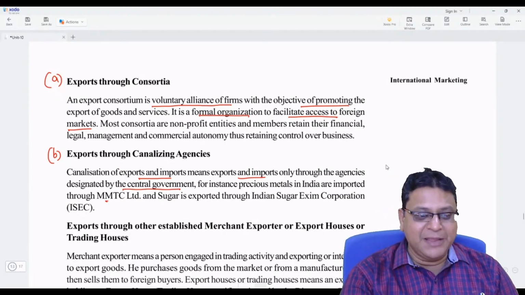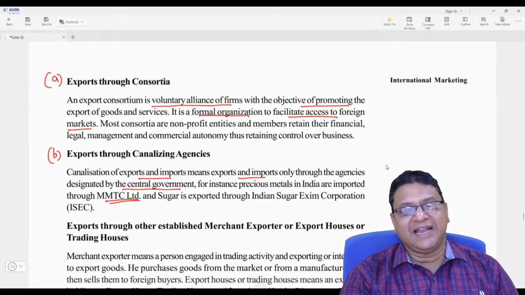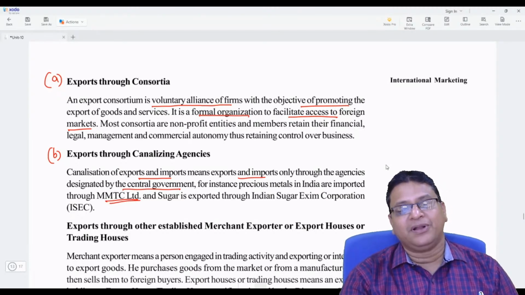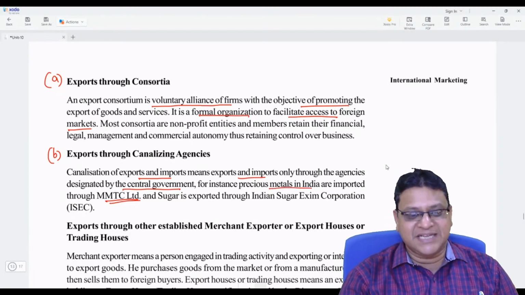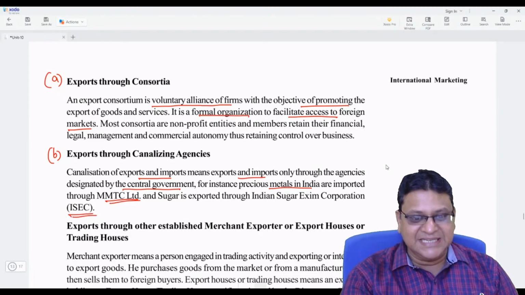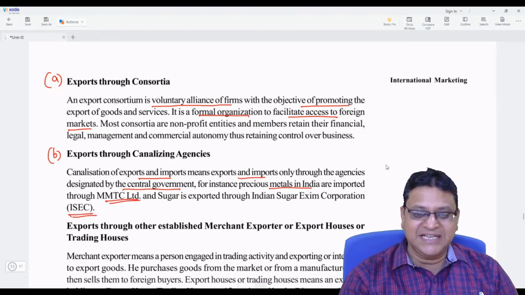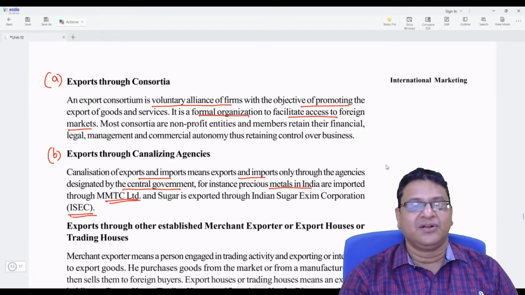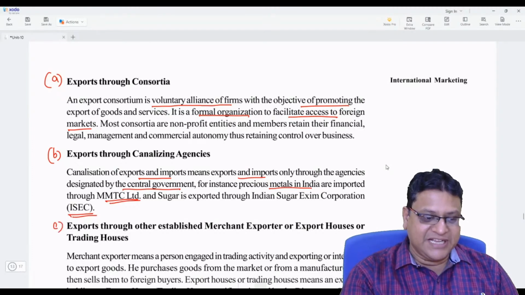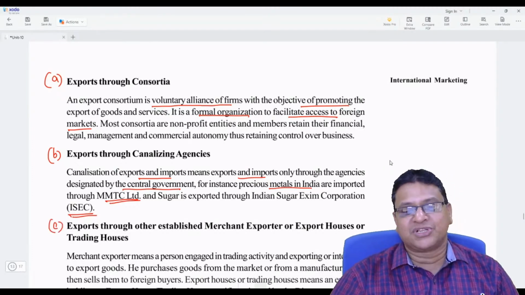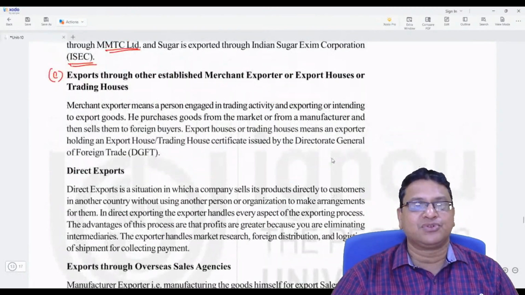Let's take an example. MMTC is the canalizing agent for export import of precious metals in India. Let's take an example. ISEC, Indian Sugar Exim Corporation. It is the canalizing agent for sugar export from India. Then the export can be through merchant exporter or export house or trading house.